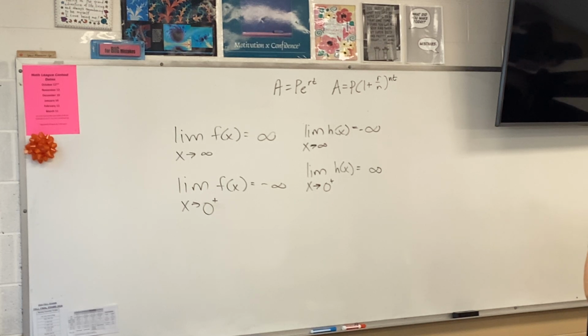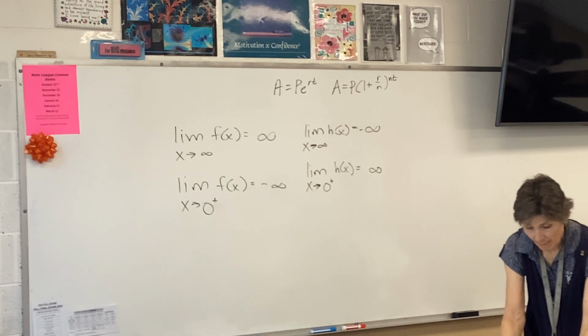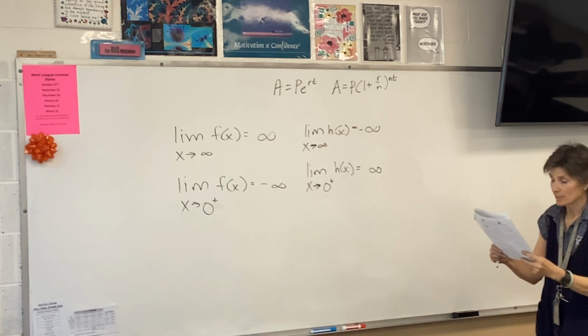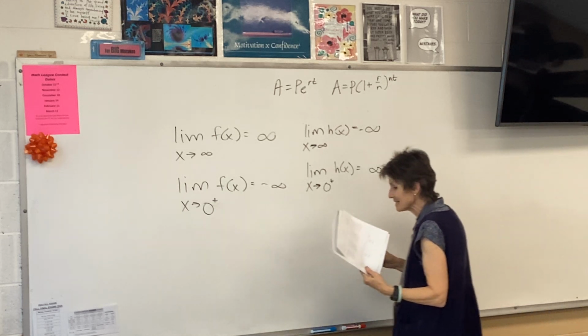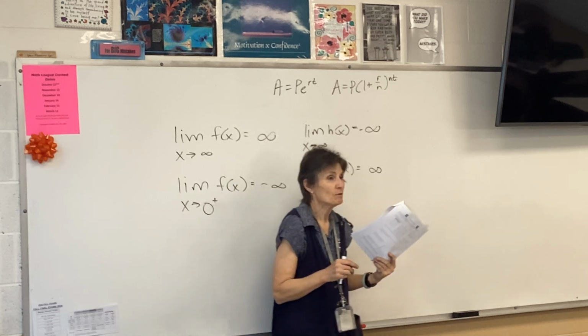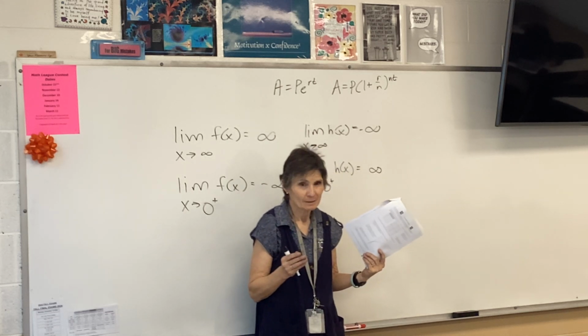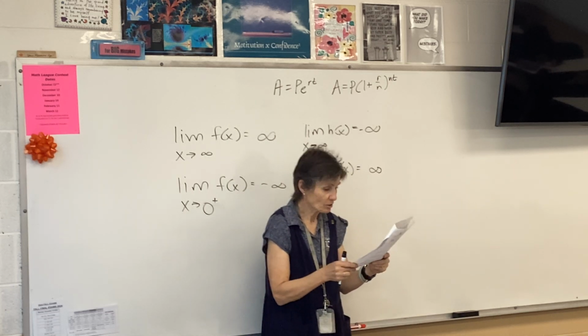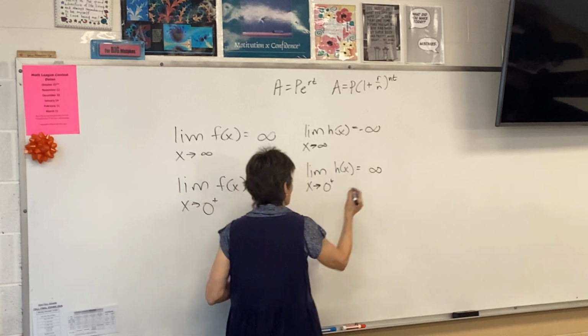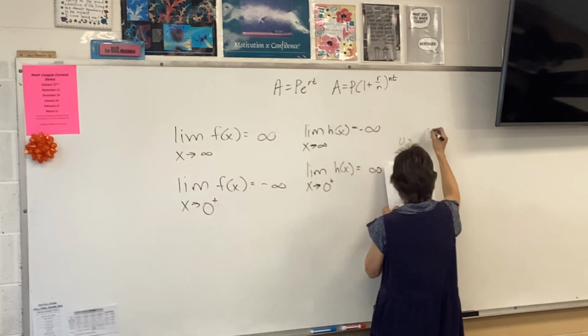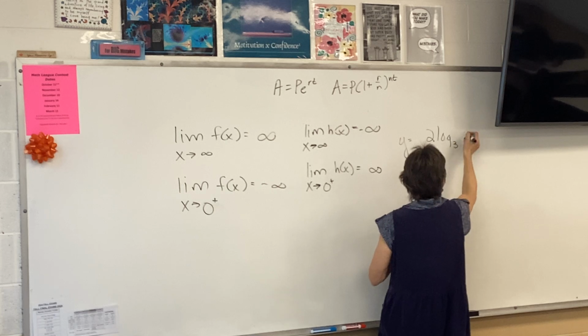Got it? Okay. All right, now example 4, find the domain and range. This is an easy question if you know what your graph looks like. Let's look at the first one. It's y equals 2 log base 3 of x.